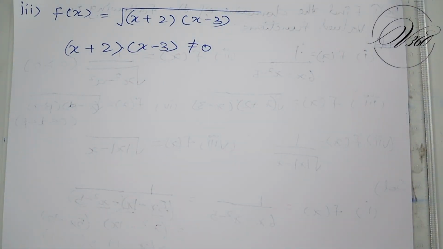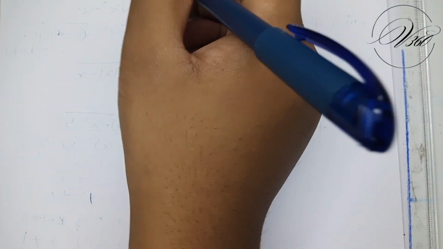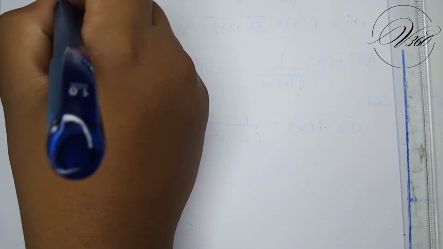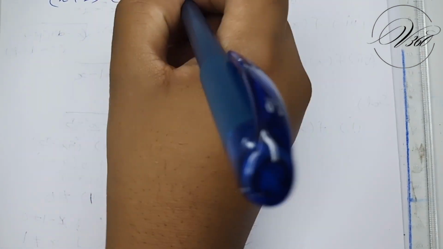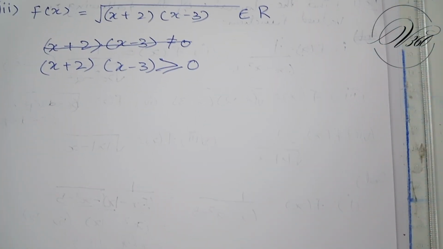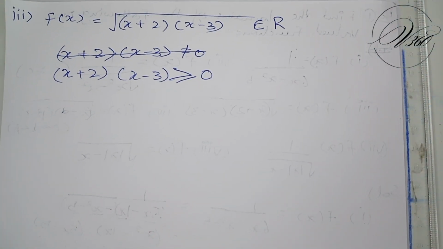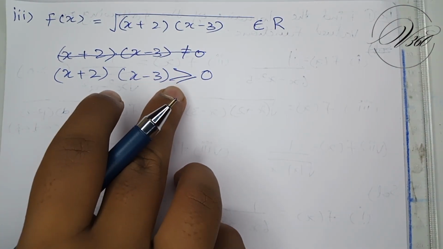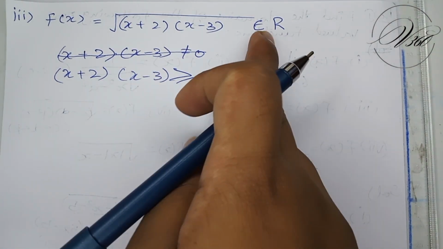Okay, now here it is better to take greater than like this. I will write here again x plus 2 of x minus 3 greater than or equals to 0. Okay, because it belongs to real numbers, it is a better option to take this.